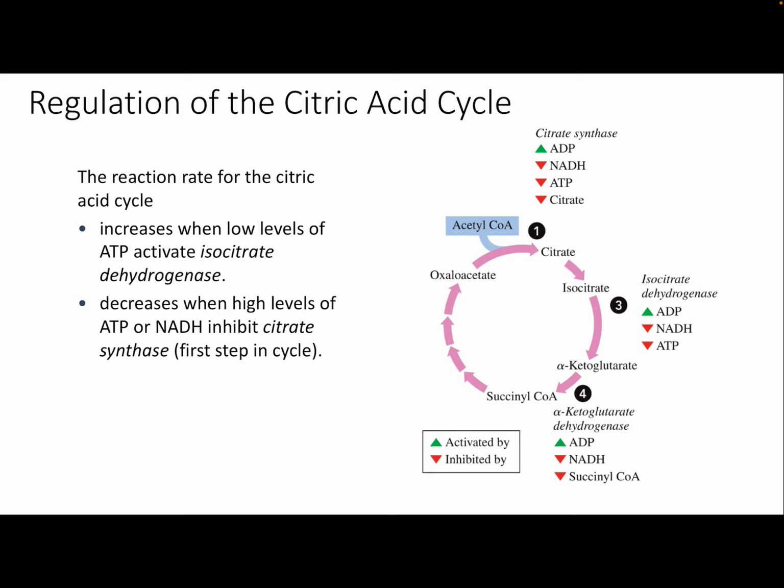So you can see here the citric acid cycle will actually increase when low levels of ATP are present. So how does this actually know when low levels are there? If low levels of ATP are around, that means you have high levels of ADP, right?